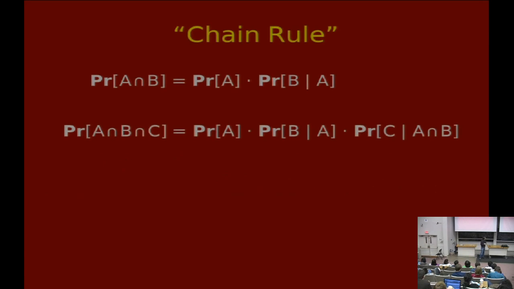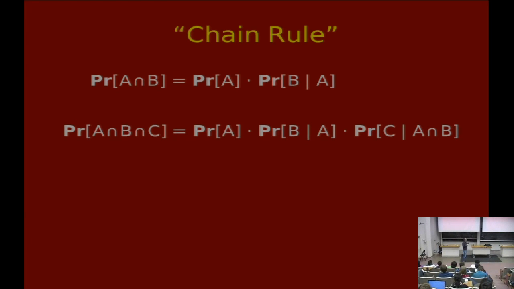Okay, so you may expect or even already know this rule that if you want to know about the probability of the AND of 3 events, the probability of A and B and C all happening is the probability that A happens times the probability that B happens given that A happens. Given that and conditioned on are synonyms, by the way. And then now it's times the probability that C happens given that A and B both happened. Okay, so this is a formula.